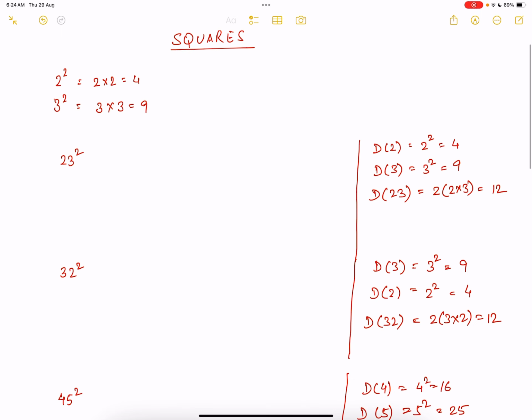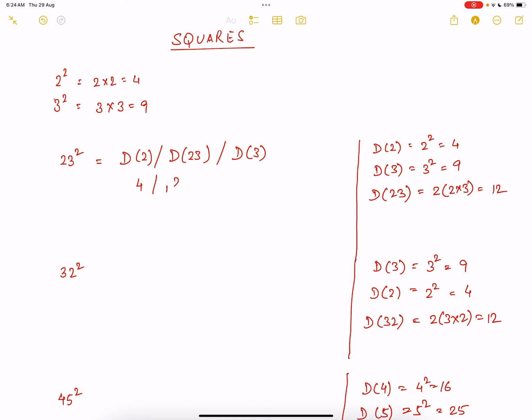Then, so 23 square will be equal to D2, D23, and D3. So it will be a three-digit number consisting of these three duplexes. Now on the right, if you see, we have already found out that D2 is 4 and D23 is 12.